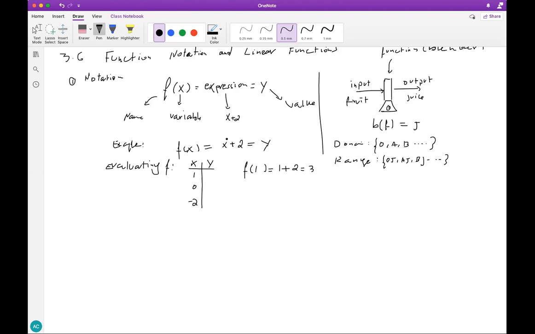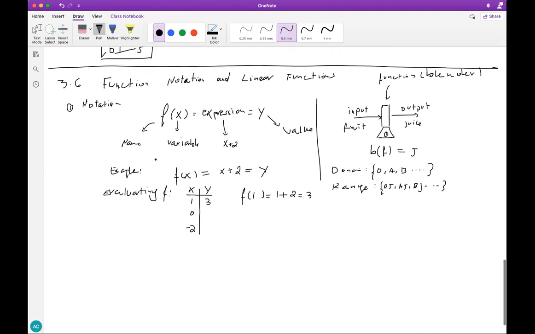So that's the value y that we talked about earlier. When you plug something in, something happens, you get a value back. You plug in some fruit, some mixing goes on, then you get something back, in that case, a juice. So the 1 gives us 3. We say f of 1 is 3. So f of whatever is inside. Here we say f of x, but here we say f of 1.